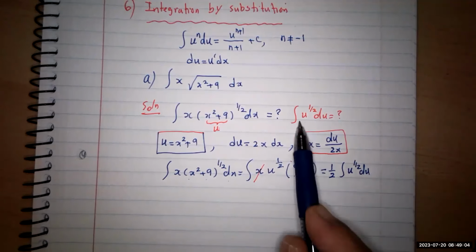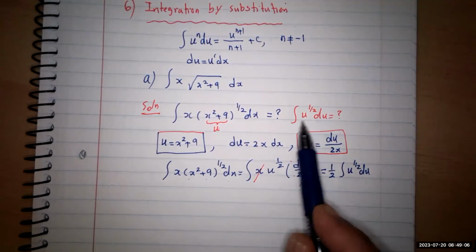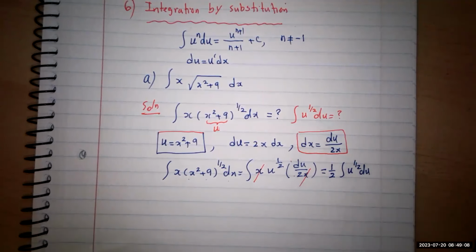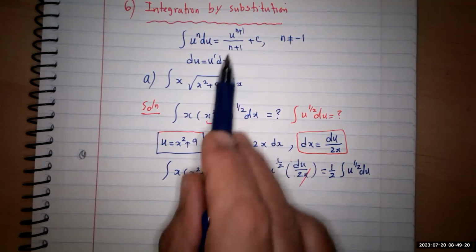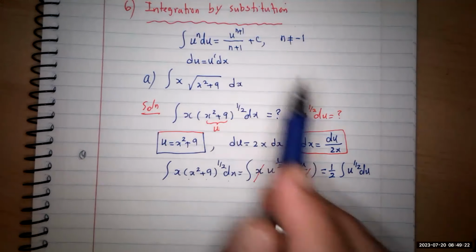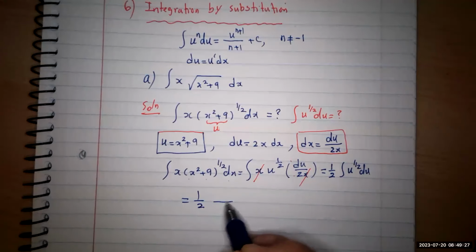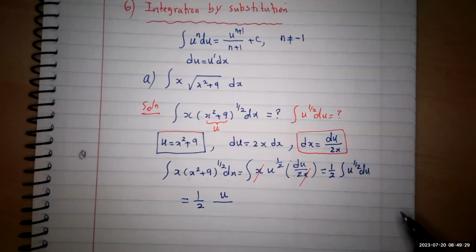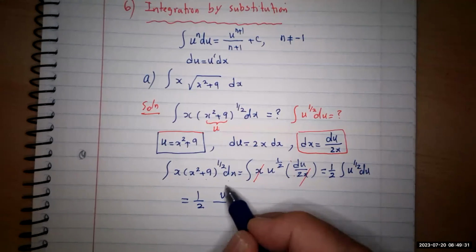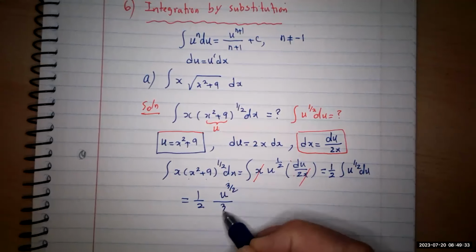That's exactly your target. If you don't get this target, probably you missed something. The only extra thing that you may have is this constant term, 1/2. 1/2 is a number, you can put it out of the integral. Now, the integration: it's going to be equal to 1/2 u to the, like the power rule that we did before, 1/2 plus 1, 3/2 over the 3/2.